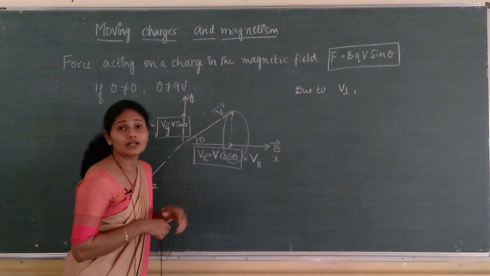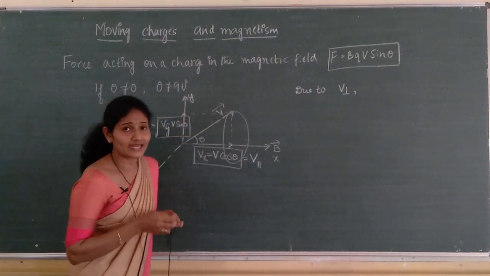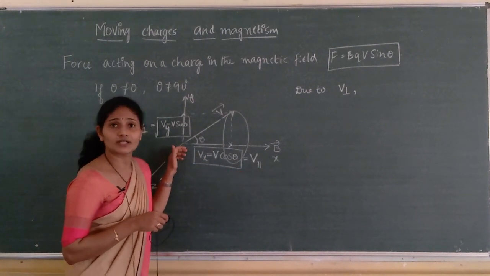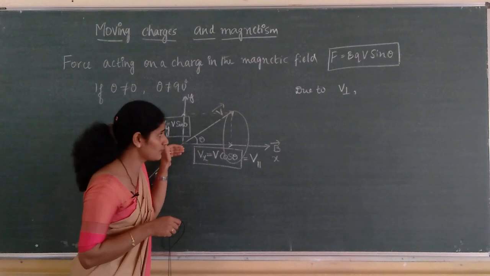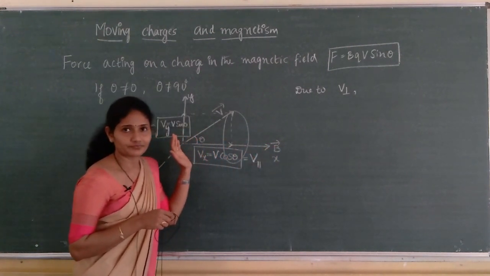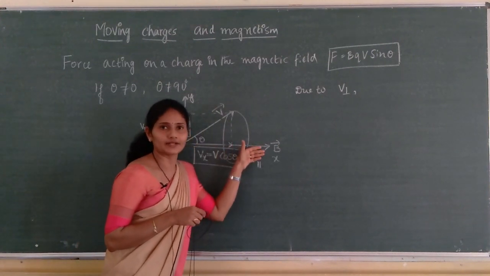Now, due to this parallel component, we know that when velocity is parallel to magnetic field B, it will not change its direction. It will follow a straight line. The particle will move in a straight line.